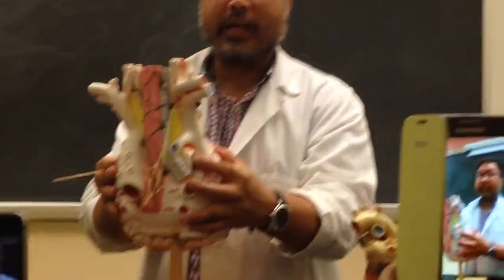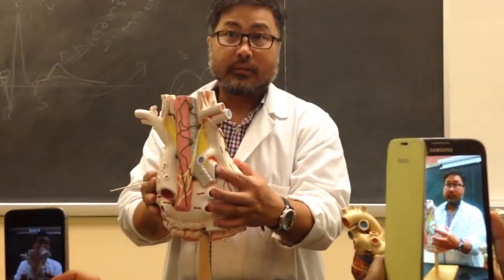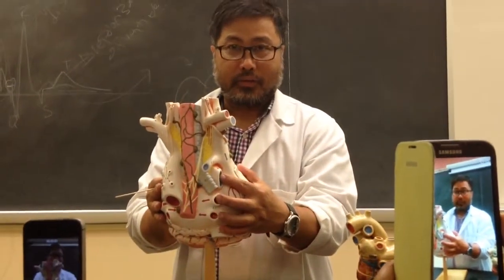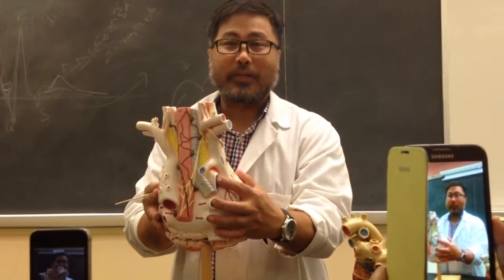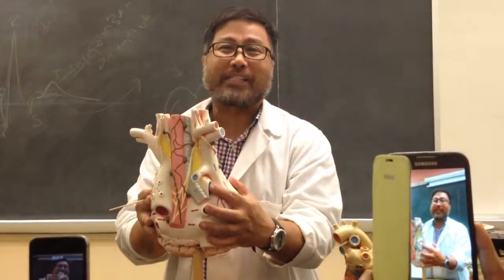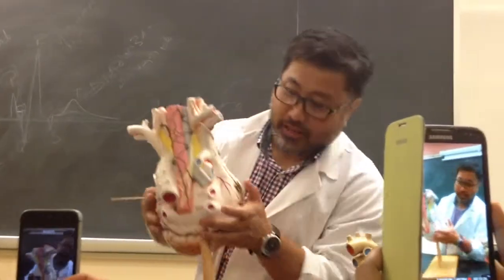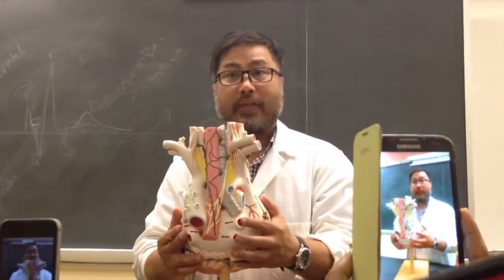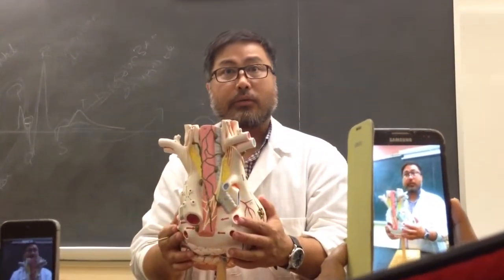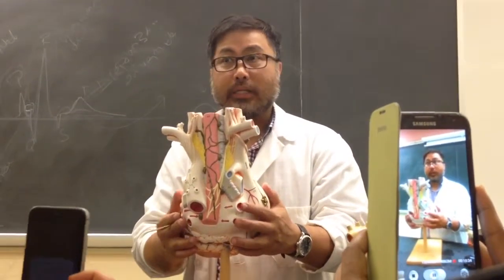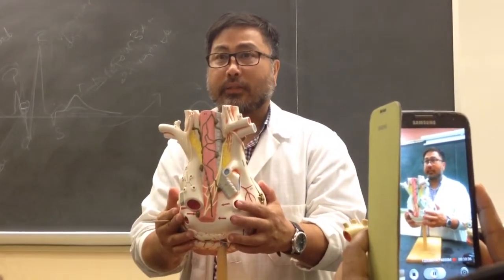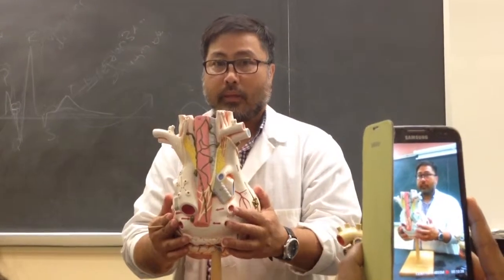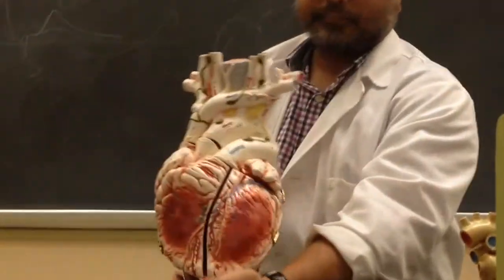Now blood coming back from the lung. One of the important questions: how many pulmonary veins are there? Four. Yeah, here you can see two here and two here. So these are pulmonary veins. Where does blood in pulmonary veins go into? Left atrium. Very good.